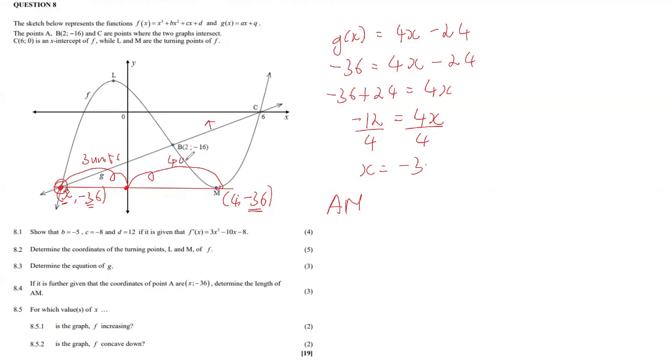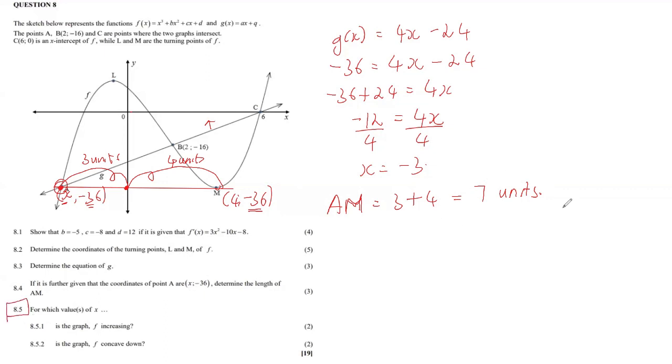So now what is the distance between A and M? That's the 3 units and the 4 units. So we can just say that's 3 plus 4, which will give us what? 7 units. So the distance between A and M is 7 units. Okay, cool. Then let's go to 8.5.